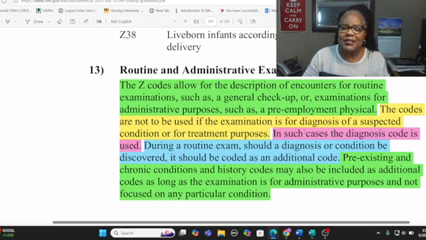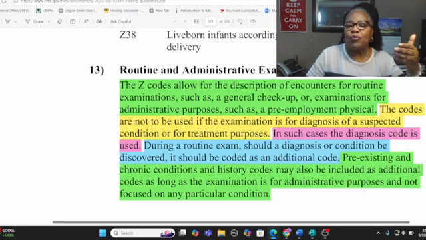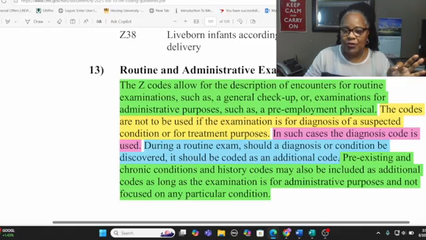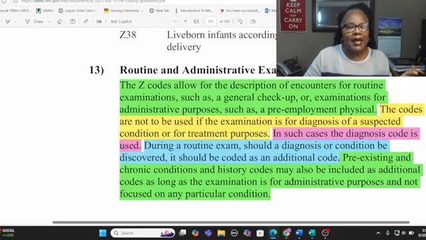In such cases, the diagnosis code is used. And during a routine exam, should a diagnosis or condition be discovered, it should be coded as an additional code. So you're coming in for that pre-employment physical, which is a Z code, and then they find something, then we need to also code whatever that additional diagnosis is.